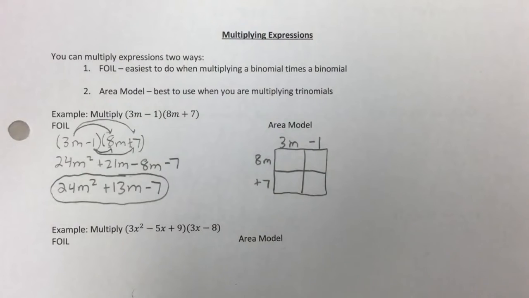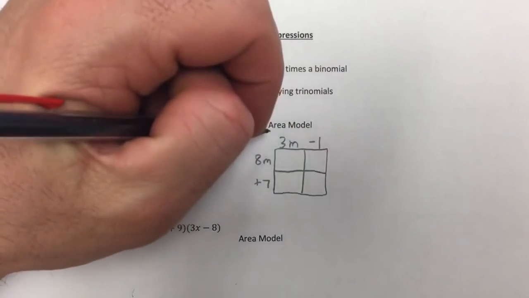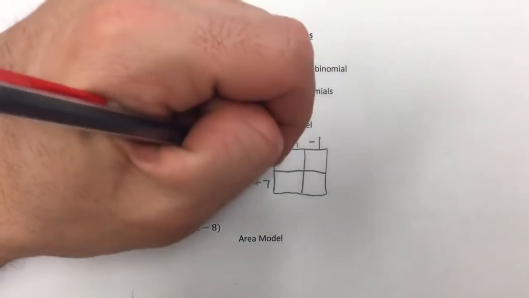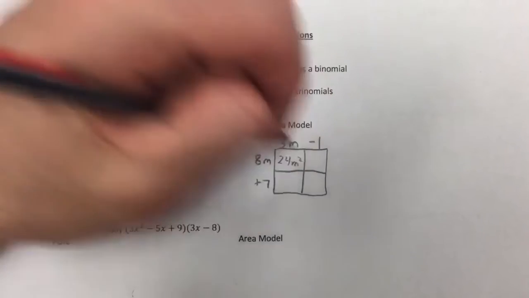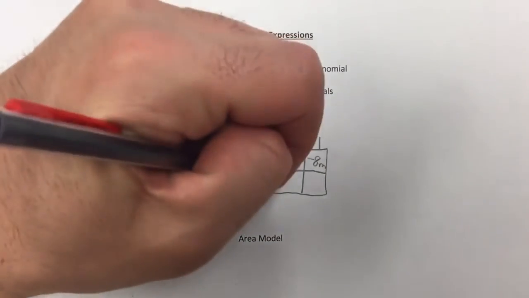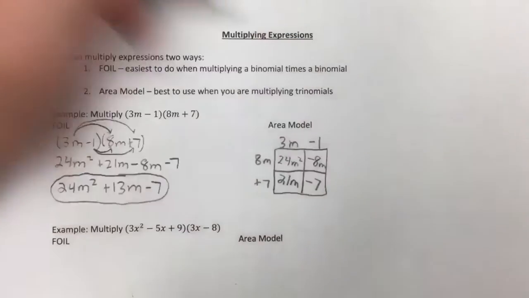The reason it's called an area model is because you're finding the area of each rectangle. And remember, to find the area, you multiply the base times the height. So this is 8m times 3m, or 24m squared. This is 8m high, -1 wide, so -8m. 7 times 3m is 21m. 7 times -1 is -7.